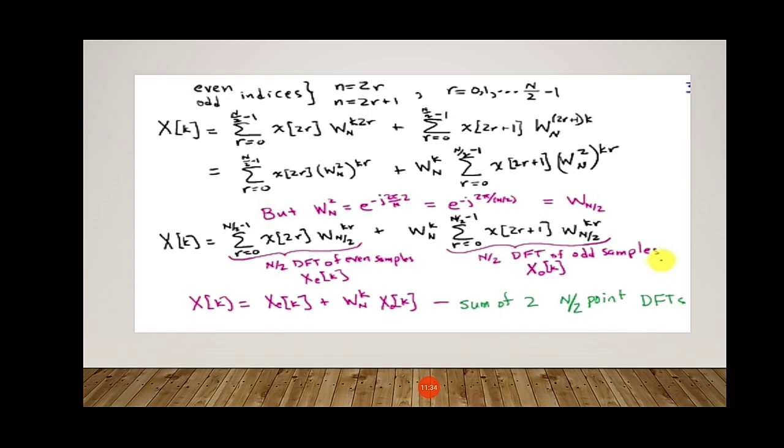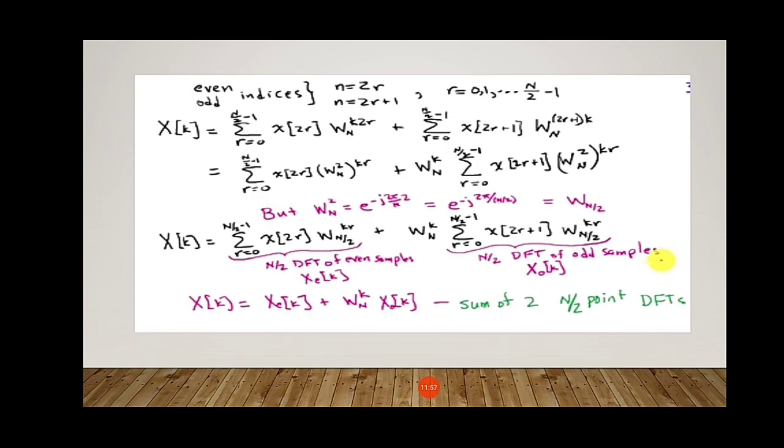So if we notice, the first term becomes the N by 2 point DFT of the even samples of x[n], and the second part is W_N to the power k multiplied by the N by 2 point DFT of the odd samples of x[n].